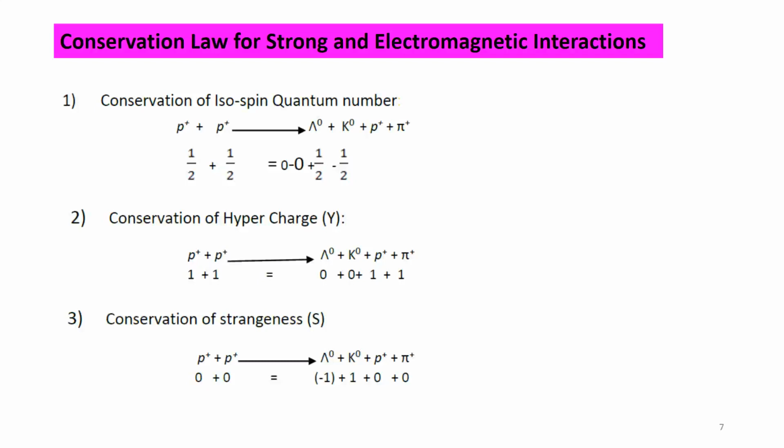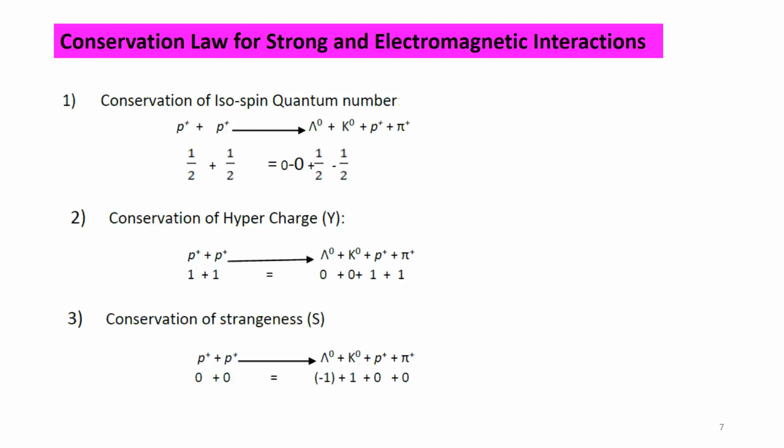Whereas in the case of hypercharge, the proton has a hypercharge of +1 and the pi has +1. So LHS is +2, RHS is +2, hypercharge is conserved.